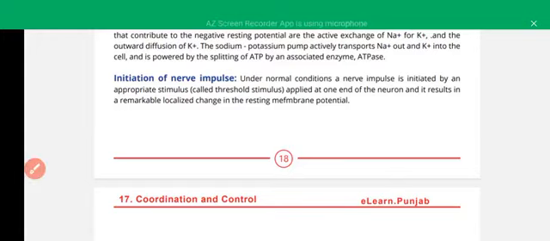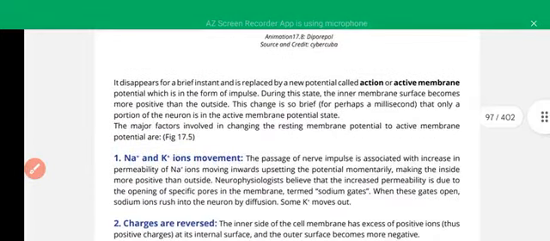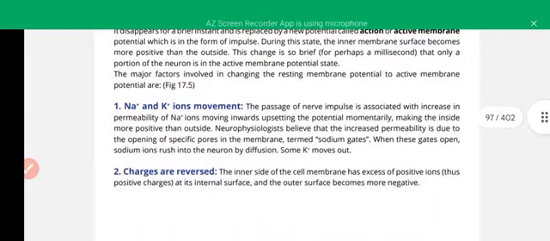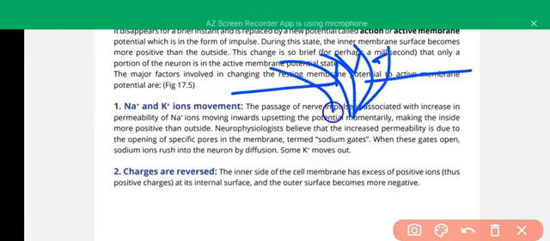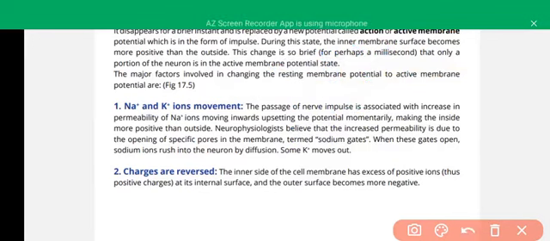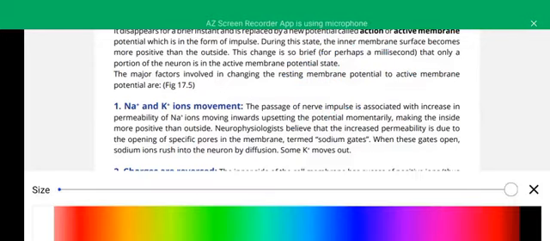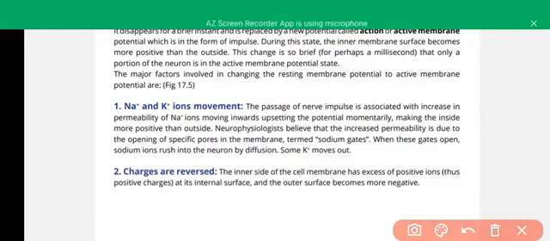When a threshold stimulus reaches, it produces certain changes in the membrane. Sodium gates are opened, and more sodium moves inside, and positivity is created inside. When inside positivity is created, the outside of the membrane becomes more negative, and the charges are reversed.